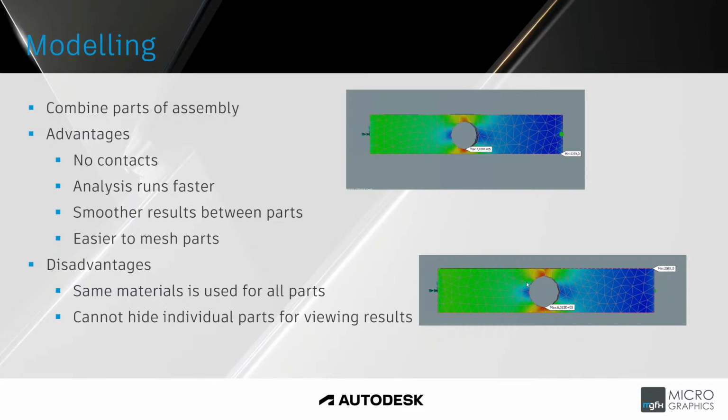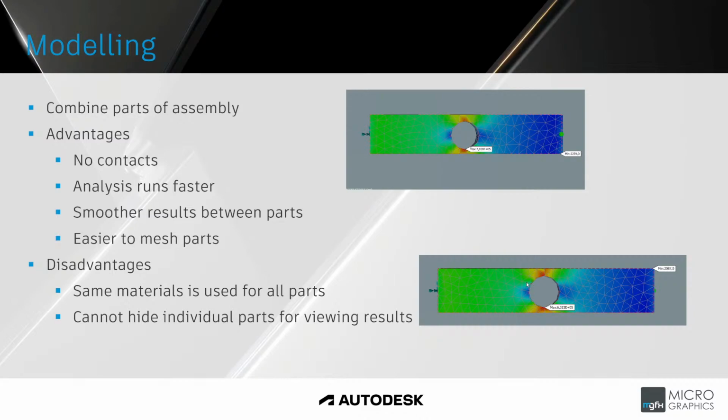There's no contact. So if you've worked with Nastran before, or any other FEA package, you will note that if you need to have two components interacting with each other, so if the one pushes on the other one's got to get pushed away or deform, you have to create a contact to tell the program, okay, these two are stuck together and they need to move together, or they need to slide up against each other, or they need to actually separate.